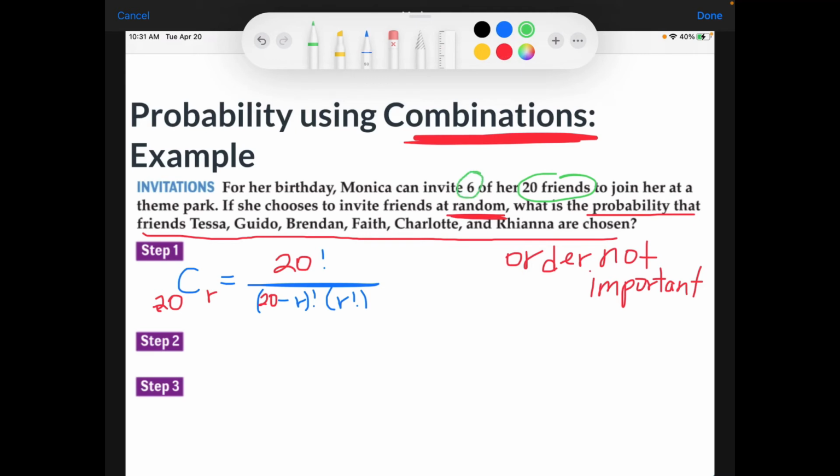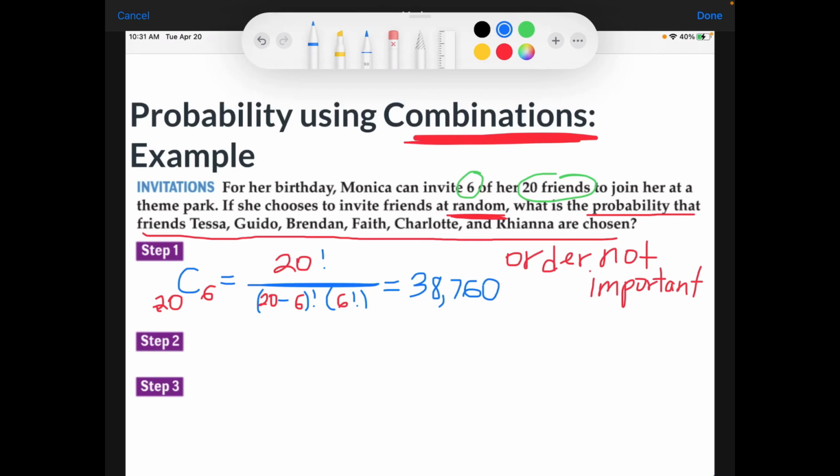She can only invite 6 friends at a time. That's your r, how many objects at a time. So we're going to subtract 6 here and add another 6 there. At this point, we can put this in a calculator and get our answer: 38,760 different ways she can invite her friends.